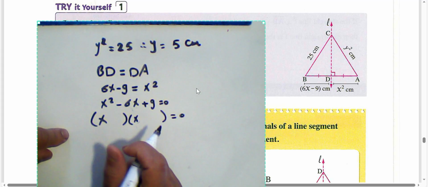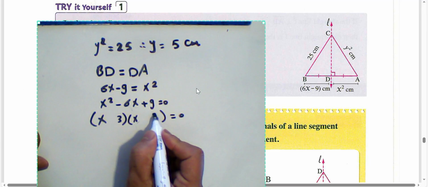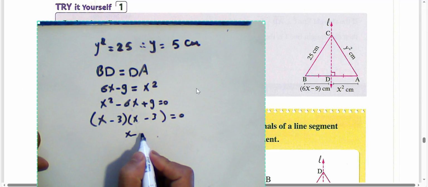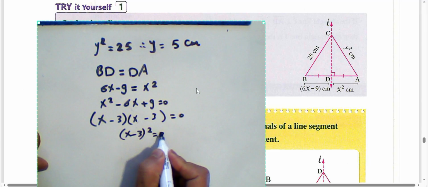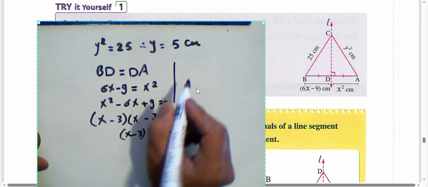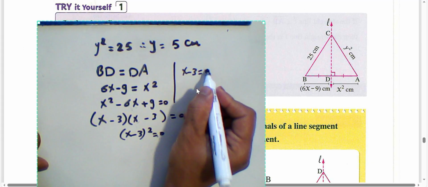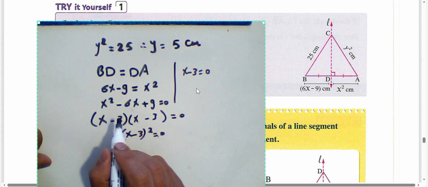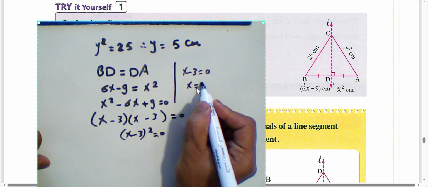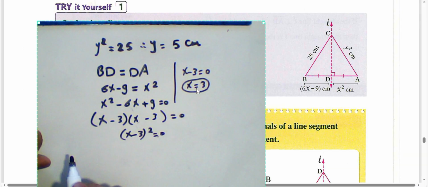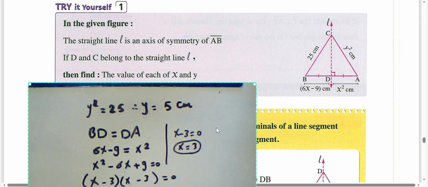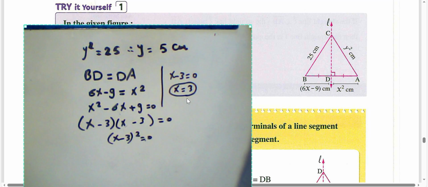Then it's a perfect square. Then we have (x minus 3) power 2 equals 0. Then x minus 3 equals 0, then the value of x equals 3. Okay, x equals 3.